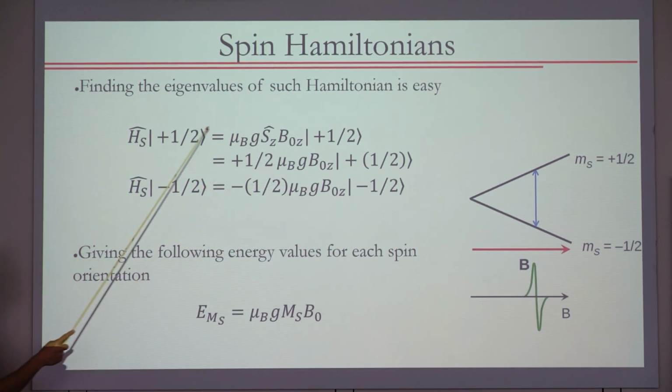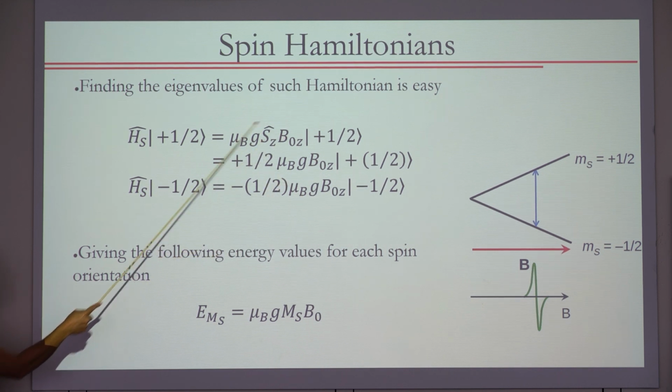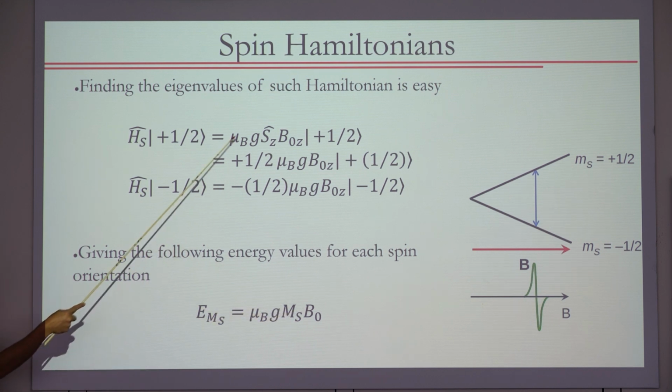And so the difference in energy between this one and this one. So these are the energies of each state. The energy difference, you can see, is the Bohr magneton times g. Okay, sorry, I'm writing the same in a more generic way. Just the energy of each ms is ms times this other number. So ms can be +1/2 or -1/2.